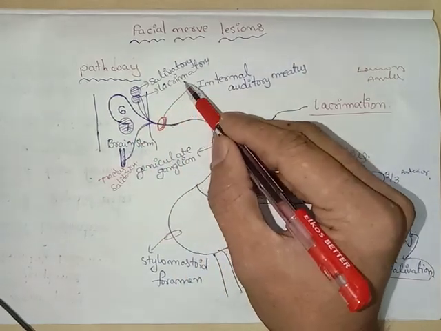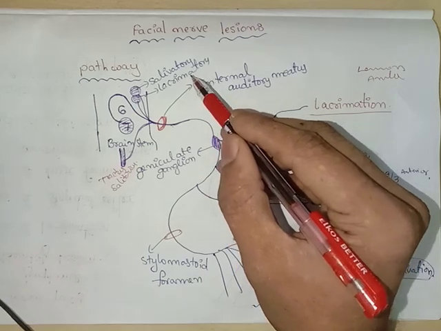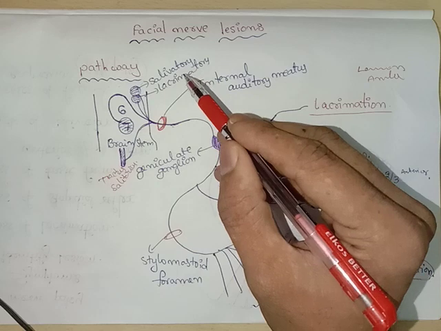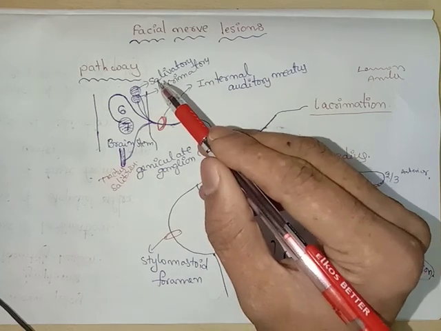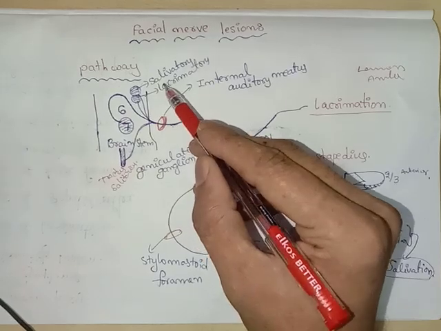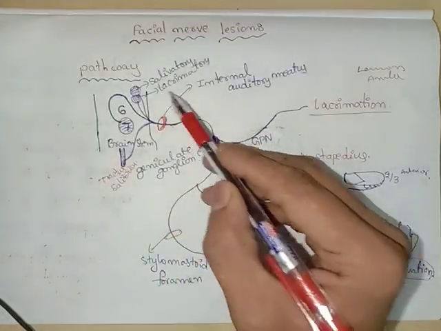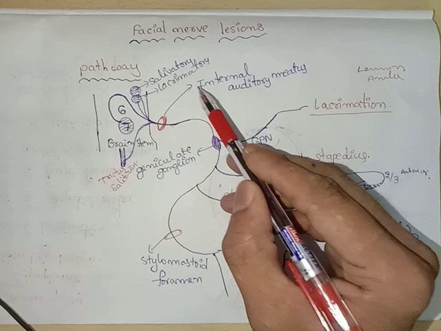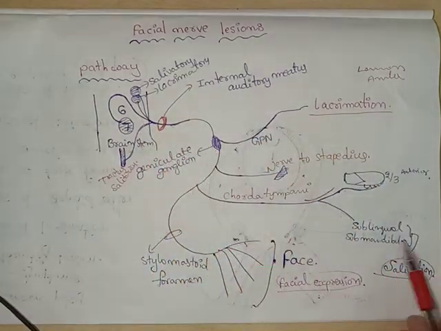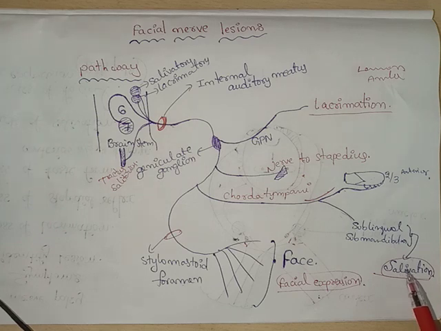From those centers some fibers are connected with this parasympathetic nucleus. So when we see the lemon or amla, the impulses pass through this and go to the sublingual and submandibular glands. It starts salivation. This is the mechanism.